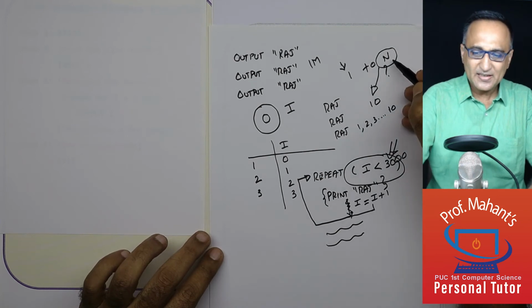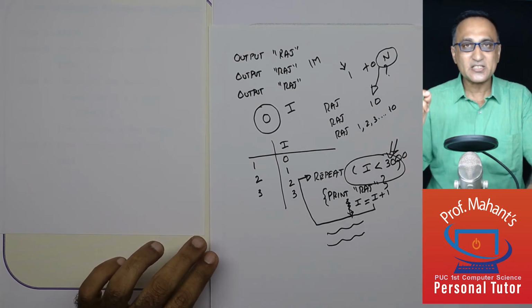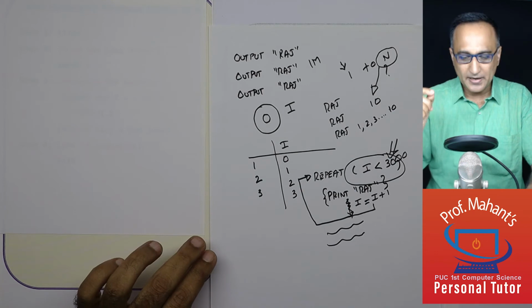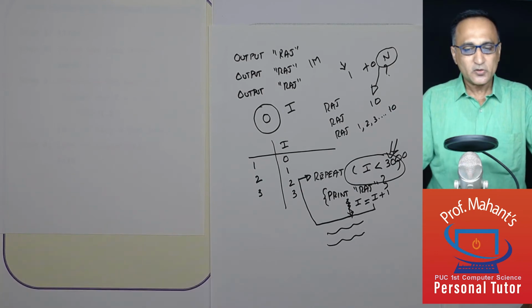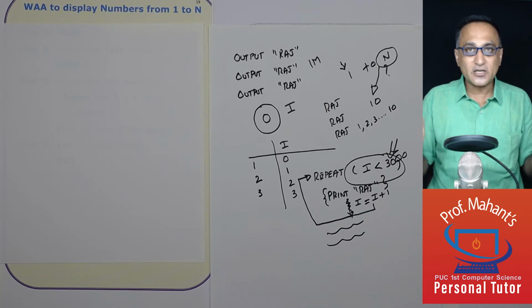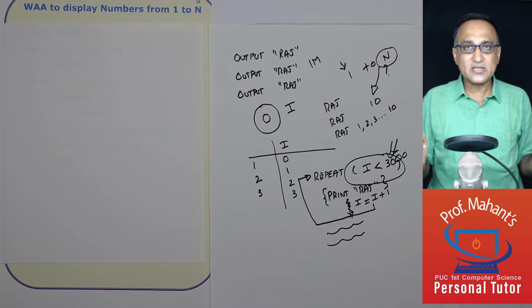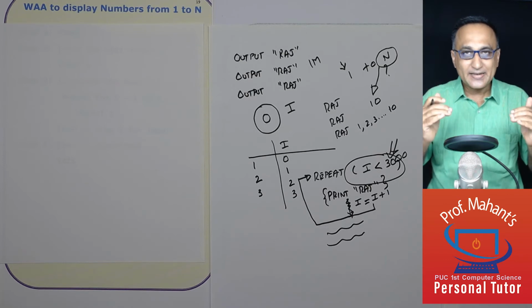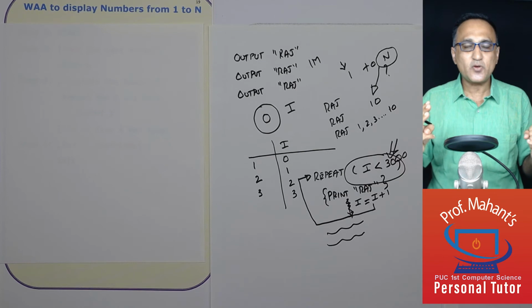So this n is nothing but it tells me the last number or the end point number I am going to print. So let's take a look at this particular algorithm, the first algorithm which helps us solve a particular problem through the technique of iteration, looping or repetition. There are only three ways you can solve a problem.